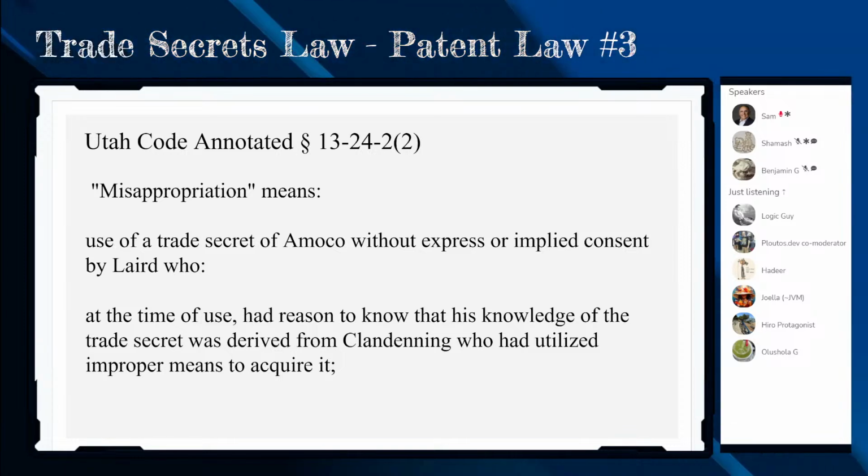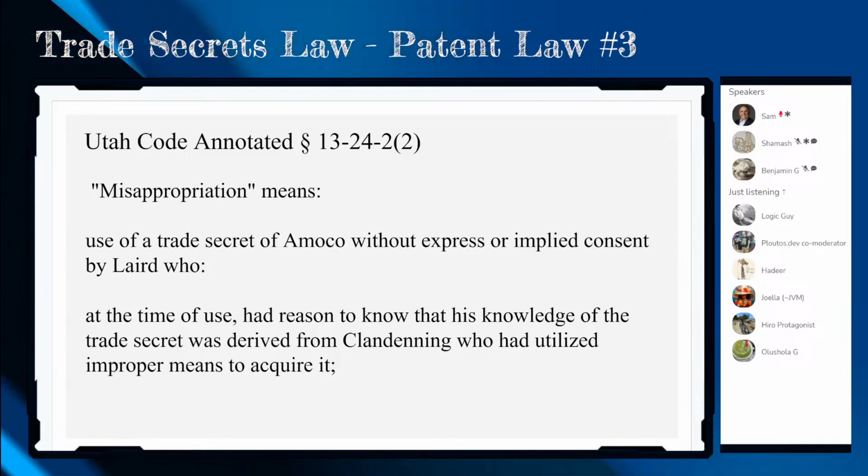How did Amoco know? How did Laird know or had reason to know that the trade secret was derived utilizing improper means?